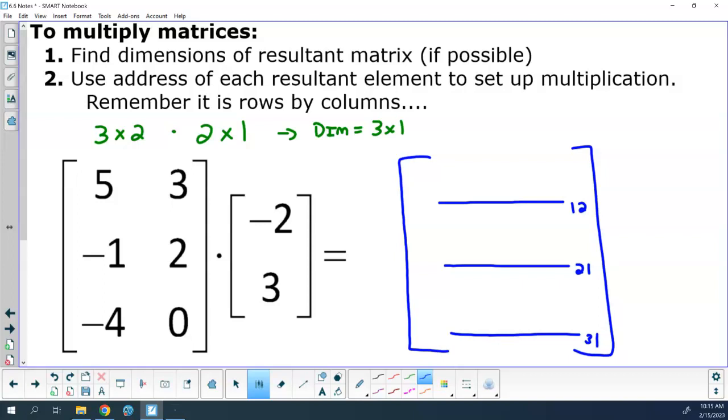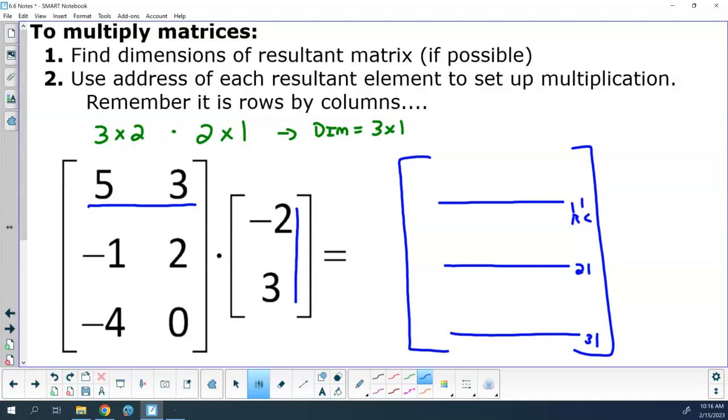Oops, I'm sorry, I put that wrong. I put 1 and 2. Now I see why you guys were all looking at me. 1, 1. What this also tells you is that you are going to take row 1, here is row 1, and you are going to multiply it with column 1.